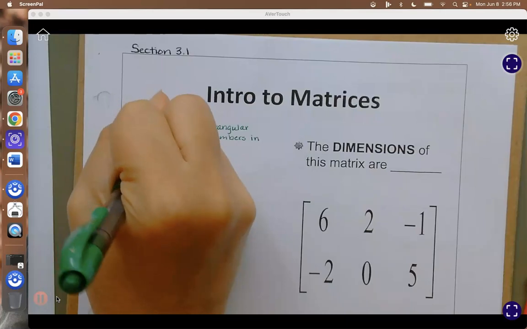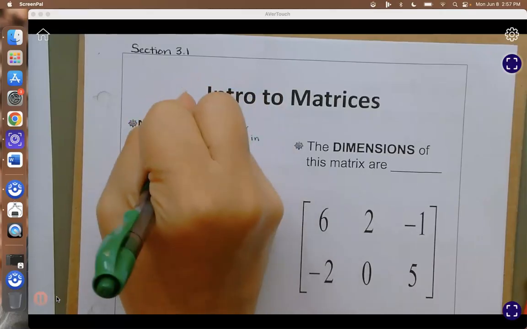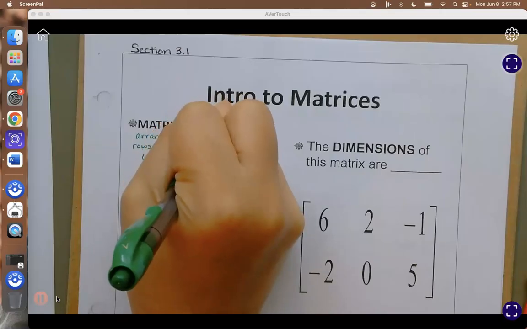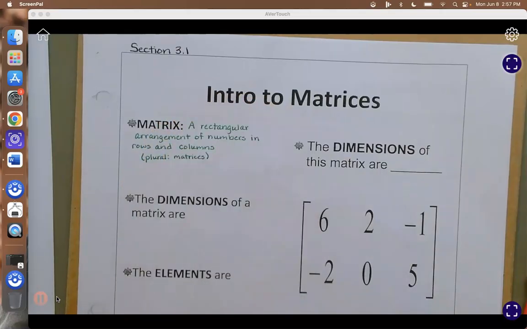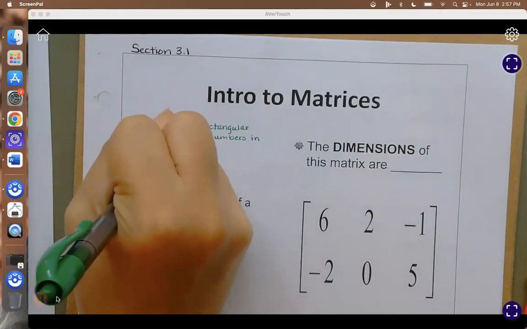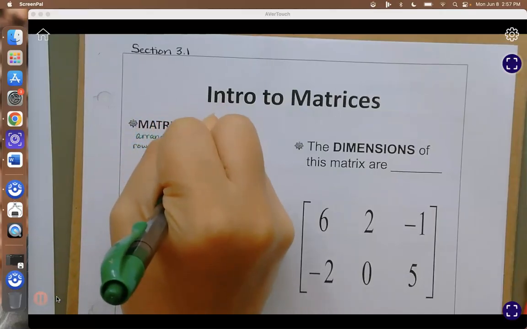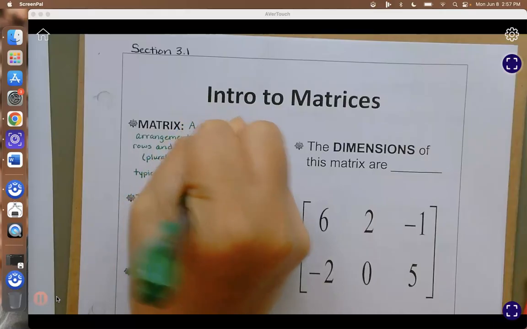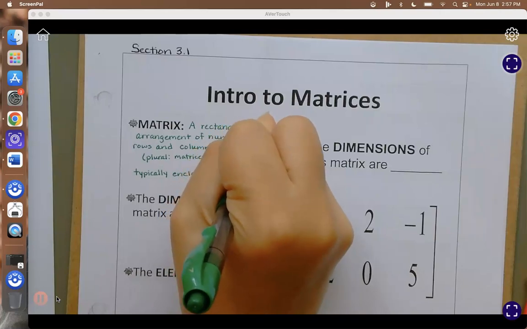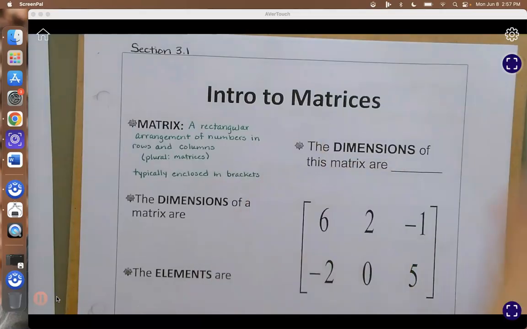And the plural for matrix is matrices. Okay. And they are typically enclosed in brackets. All right.